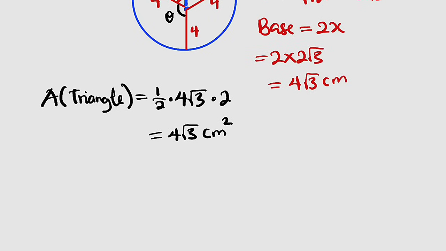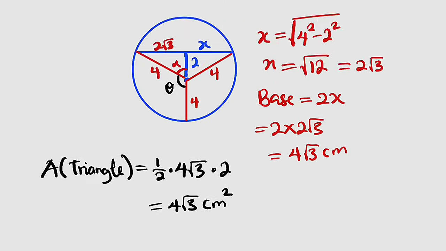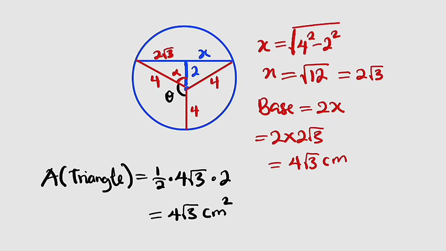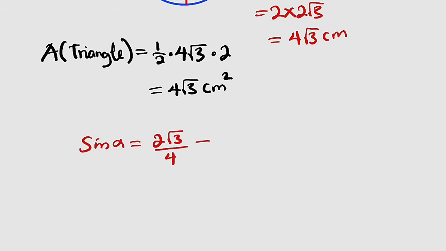So we can say that sine alpha is equal to opposite, which is 2 root 3, divided by the hypotenuse, which is 4, right? If you reduce this to the lowest term, you have root 3 divided by 2. So sine of what angle is root 3 divided by 2? It is equal to 60 degrees, or pi divided by 3. So therefore, alpha is equal to 60 degrees.